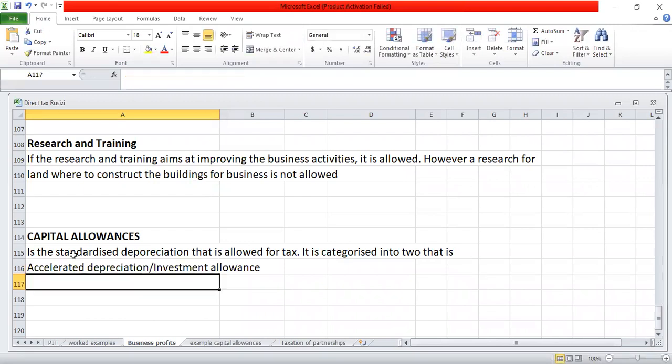And the number two is the normal depreciation, which is the wear and tear, or what we call the wear and tear.